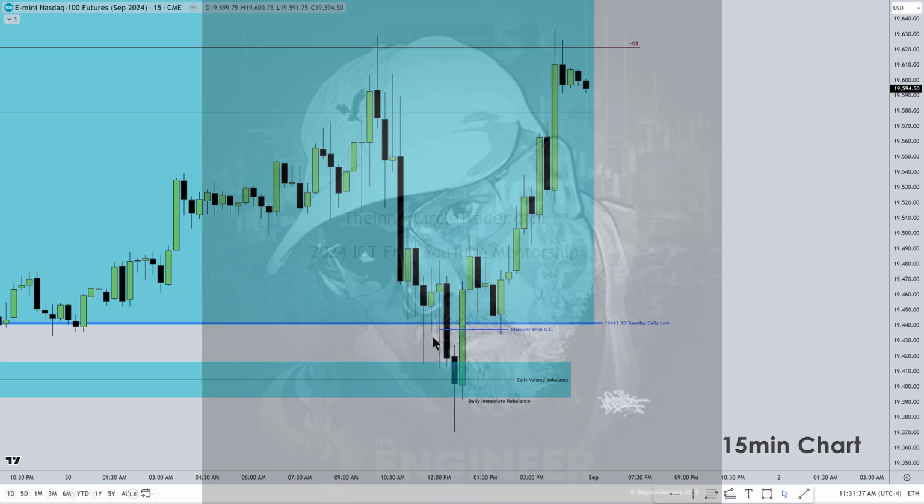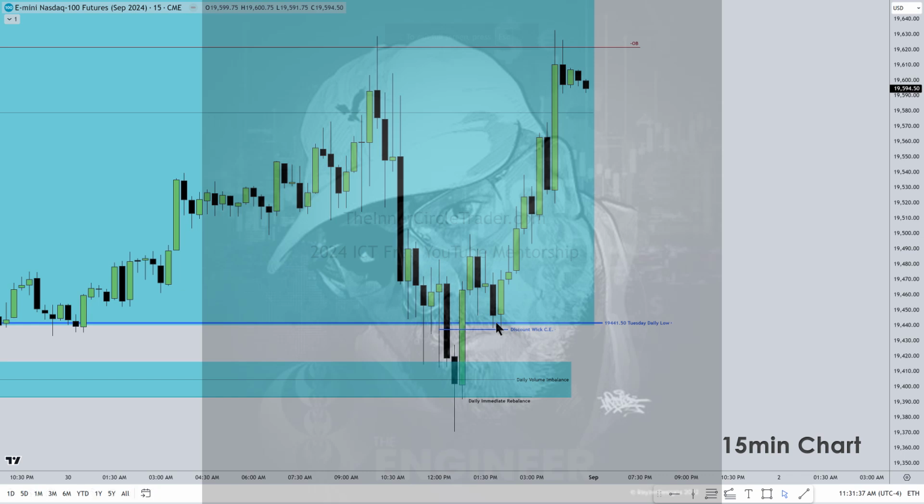Why am I selecting this one here? Because this one went down deeper than the previous one. See this one here? Yes, that's a wick, but this one did more damage. It went lower than this one, so it went a little bit lower into that daily volume imbalance. So when we start going higher, which we see it doing here, I want to see: does price drop back down into Tuesday's daily low, and does it go lower?